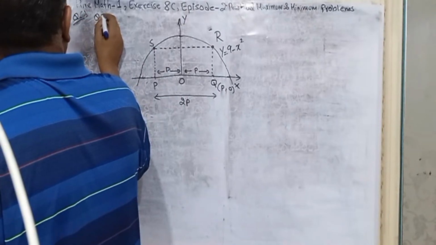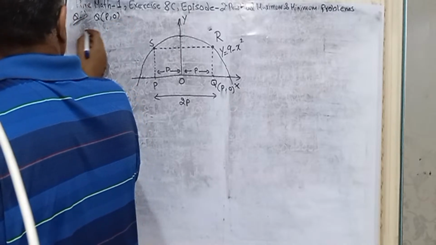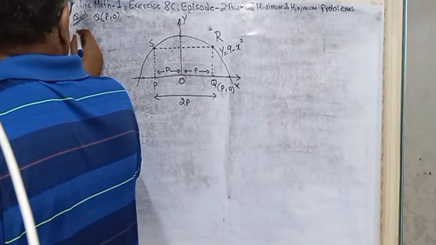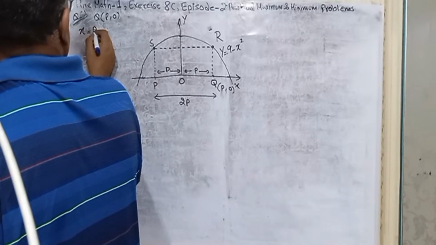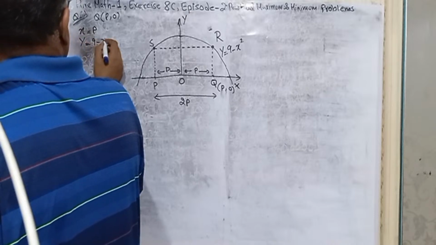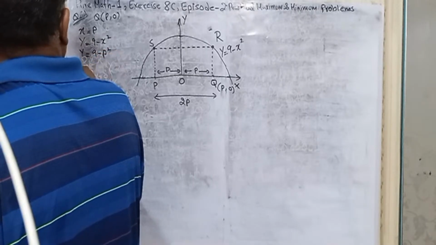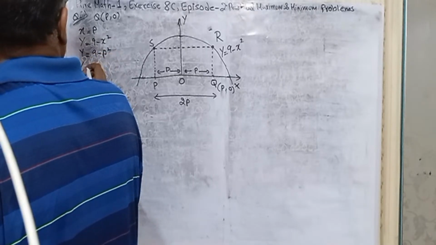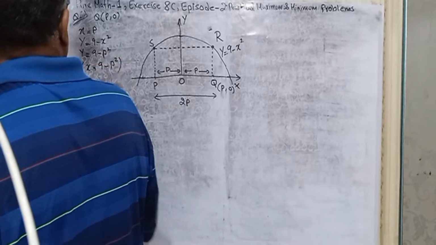Q's coordinates will be p comma 0. For R, its x coordinate will be p, so its y coordinate will be 9 minus x squared, which is 9 minus p squared. So R's coordinates will be p comma 9 minus p squared.